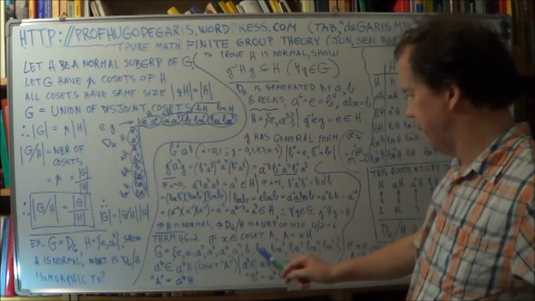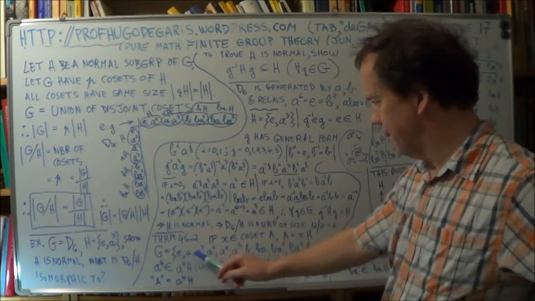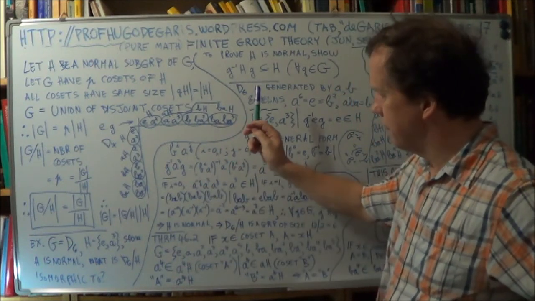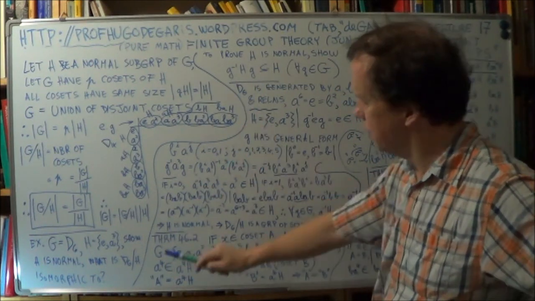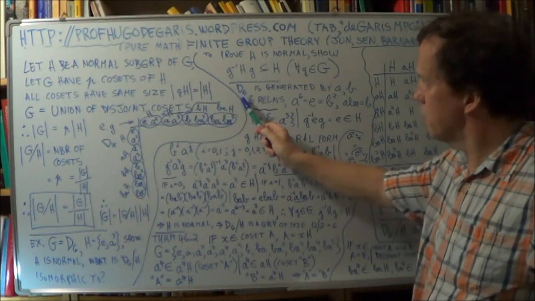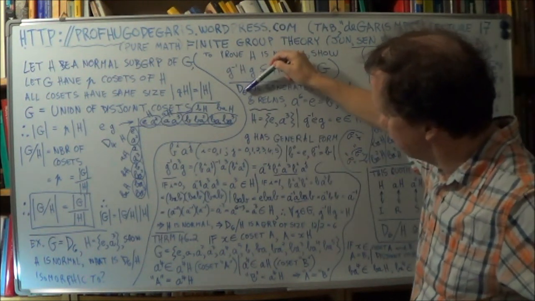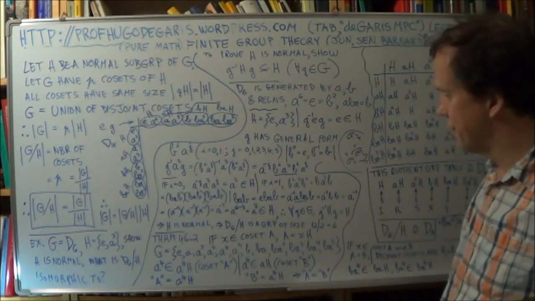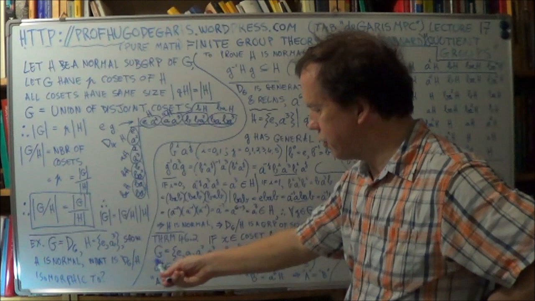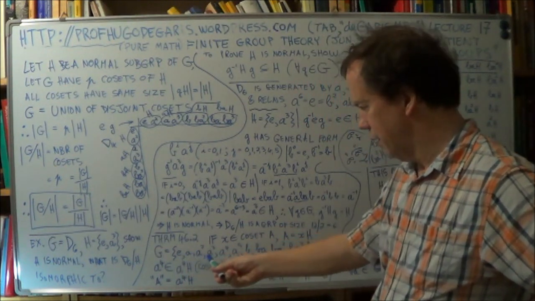Here's your group. Now it's G, sorry, D6. G is D6. The number of elements in D6 will be twice the number of equilateral sides, so the order of this group will be 12.